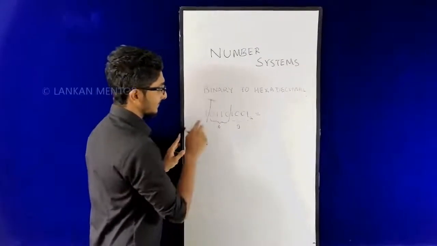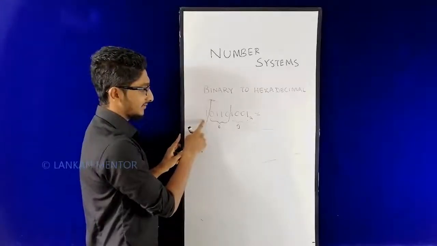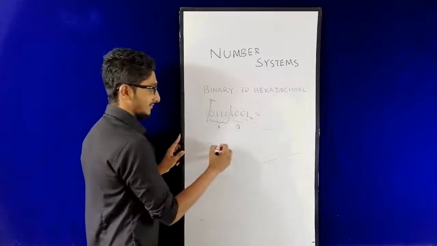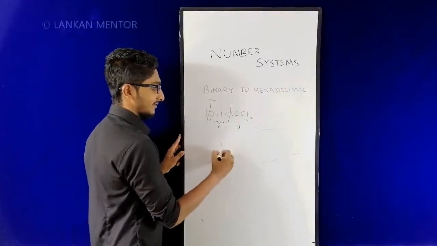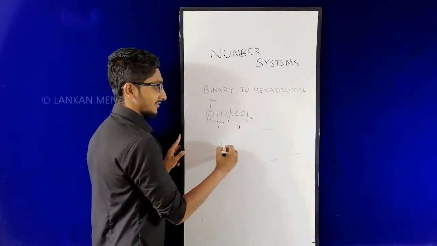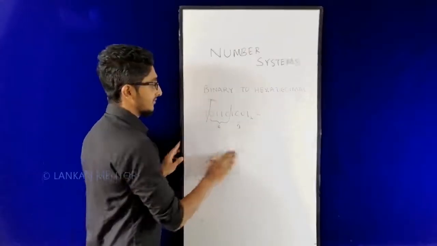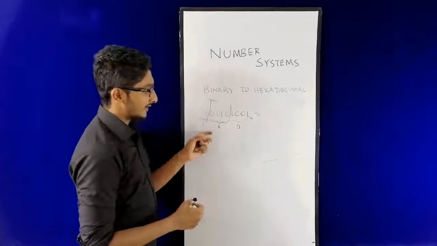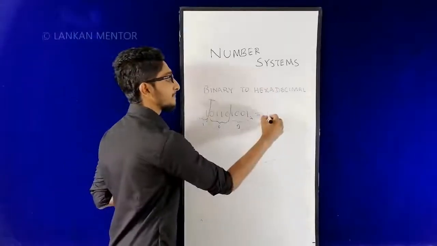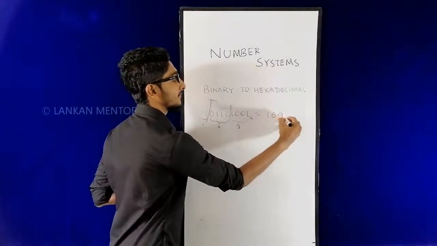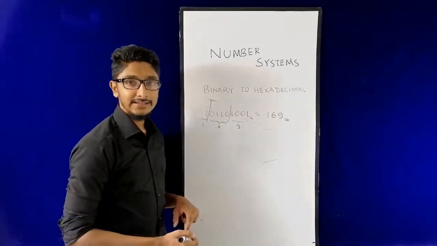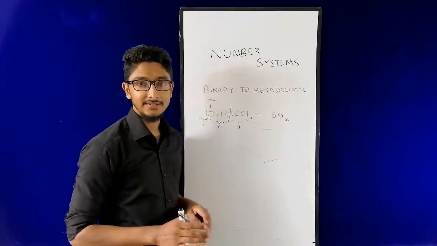And again, only 1 remained. If it is 1, then it is 1. So this part is 1. So 1, 6, 9, base 16. Easy, right? It's very easy.